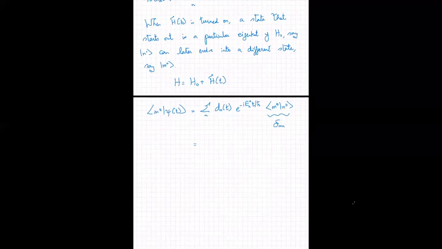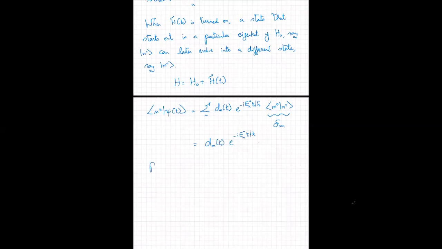So this basically tells me this is dm of t e to the minus e m0 t over h bar. And the probability that this can happen, that the state that starts out in some linear combination can end up in the state m0, is basically the mod square.